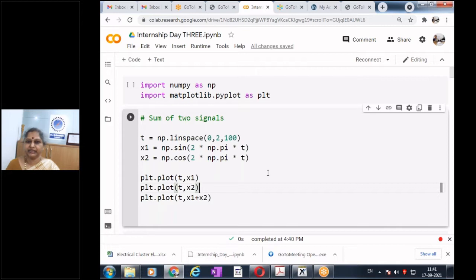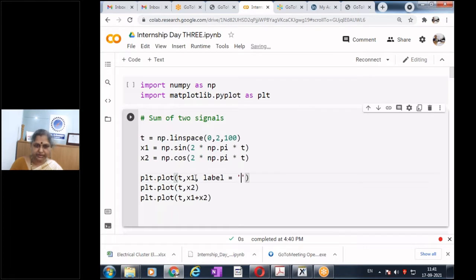I've taken a sine, I've taken a cos, and I'm trying to add sine and cos. By default, everything will come. And if you want, give the label also.